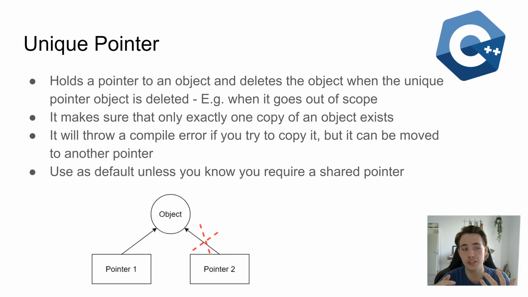So just use it as a default unless you really know what you're doing and require a shared pointer, because this unique pointer is unique, it deletes itself when it goes out of scope, and only one pointer can point to one object. So it's a really nice pointer, and it should be used a lot of times.